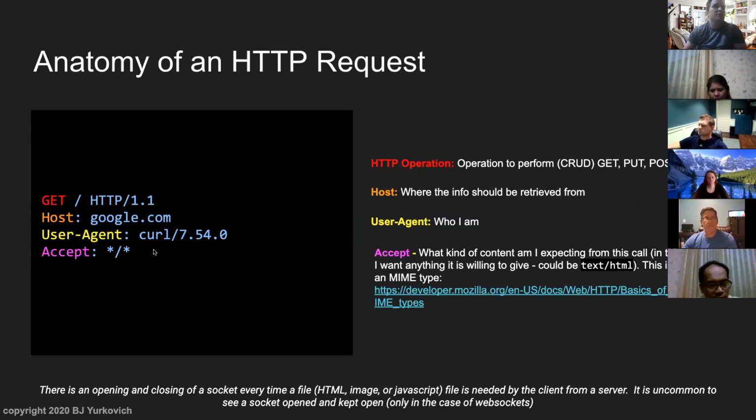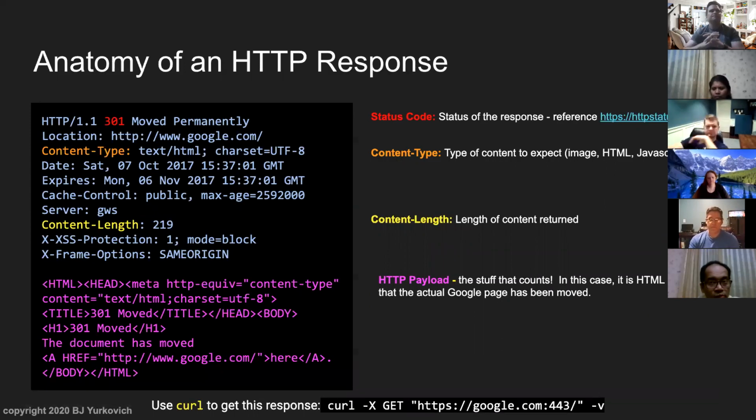And then accept, which is I'll accept anything. That's what this example says here. And so, in a sense, you can think of an HTTP request as opening and closing a socket every single time. We talked about that in terms of performance implications before with our Sumo stuff and everything else.